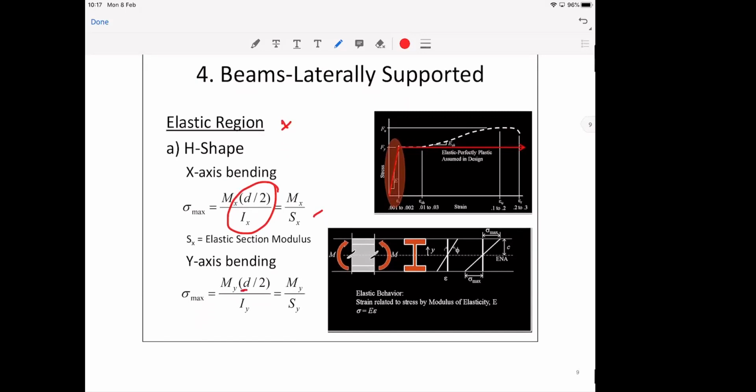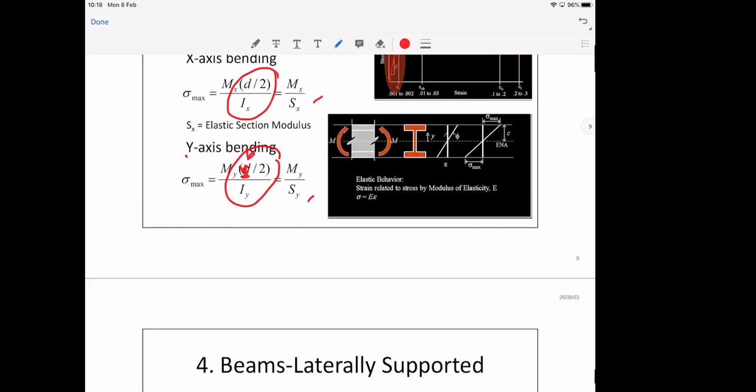That is not right. Okay, it should be, let's say, b over 2, because it's My. But again, it's typically I divided by the c. Okay, and that's elastic section modulus in y if you are dealing with the bending moment in y-axis.